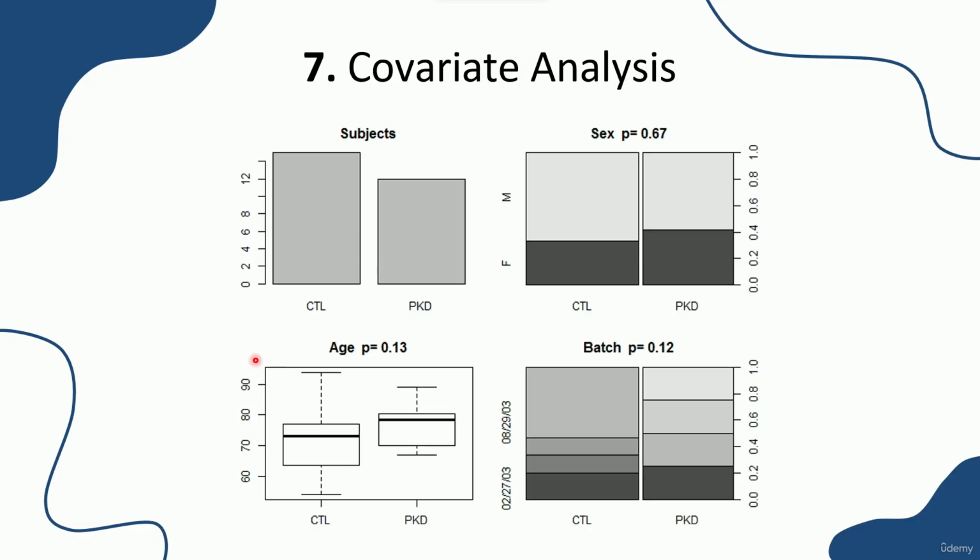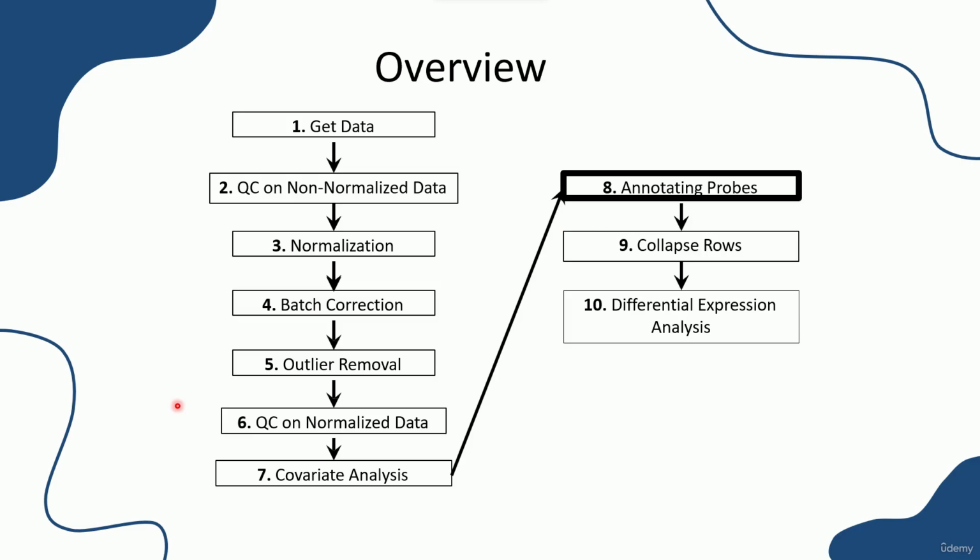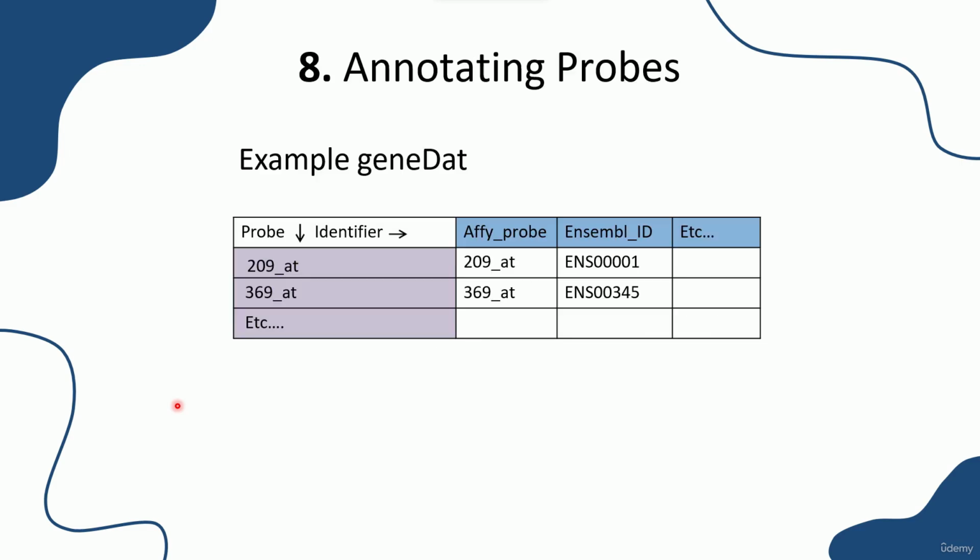So now we will do a covariate analysis, which will be the whole data analysis of what age of control and Parkinson disease is used, what batch was used, what male and female difference in subjects, and then we will move on to annotating the probes.